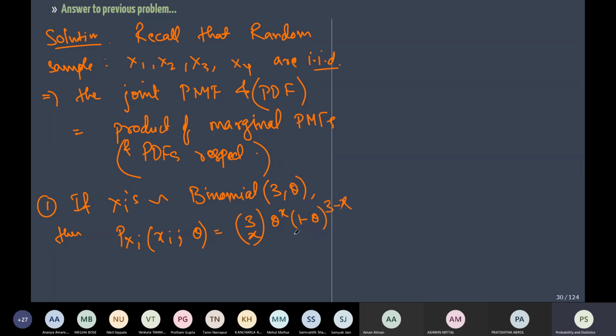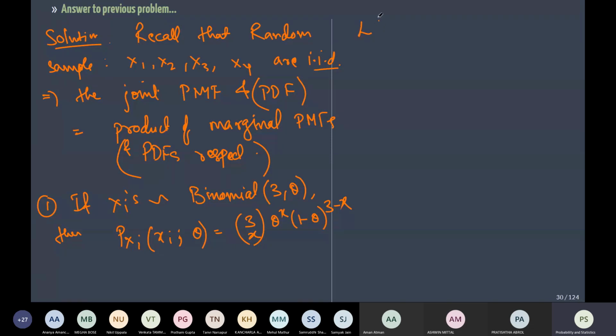This is just the binomial with parameters n and p, where n is 3 and p is theta. This is how the probability values are given, I mean the PMF. You just have to remember the PMF of the binomial, which is given by this.